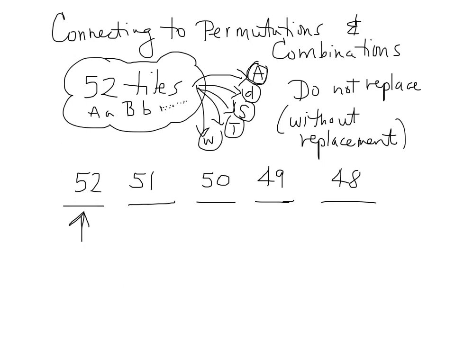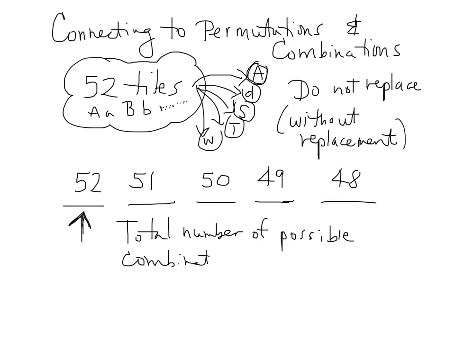Excuse me. Okay, so if we want to know the total number of possible combinations of 5 tiles out of 52, we multiply this together, and that's how we get our total.